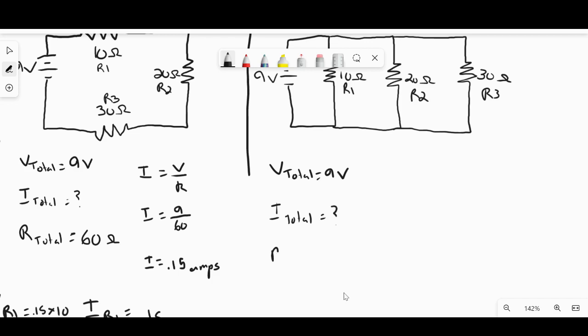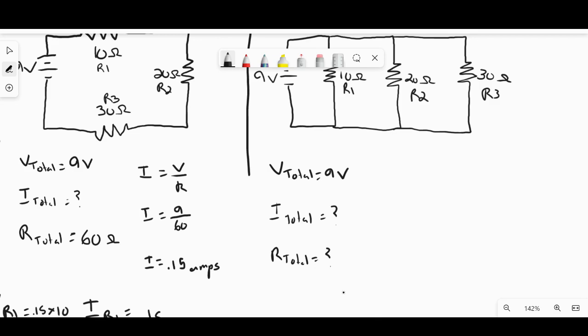And our resistance total, we actually don't know yet either, because we have to figure out what our total resistance is of our parallel circuit.